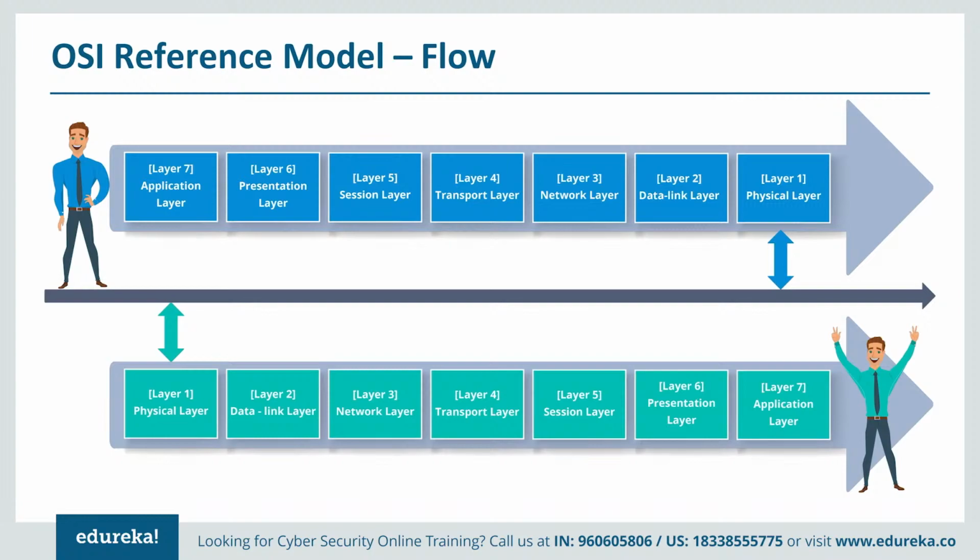For example, if the green person wants to send information, the same hello message will move from the application layer, presentation layer, down to the physical layer, be passed to the other person's computer over the physical layer, data link layer, and move up until it reaches the blue person. Even if multiple people and multiple devices are communicating, any number of devices need to follow the same layers from layer 1 to layer 7, or in reverse order from layer 7 to layer 1.